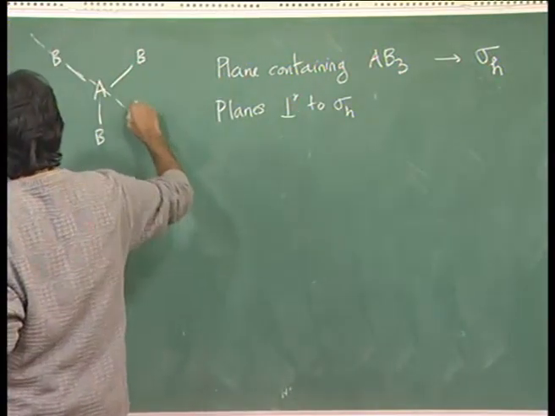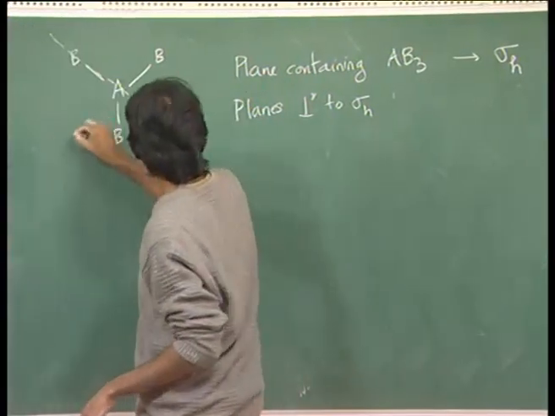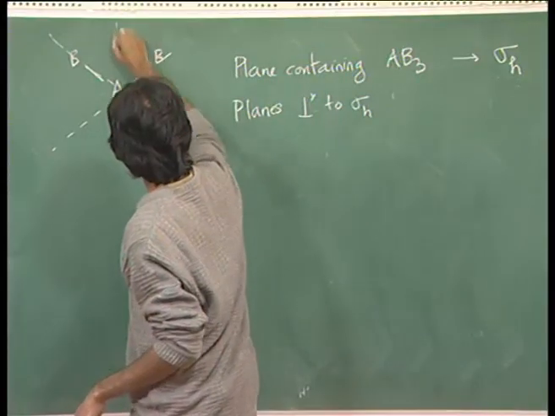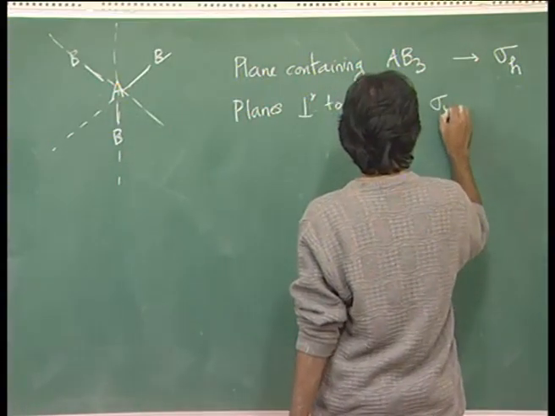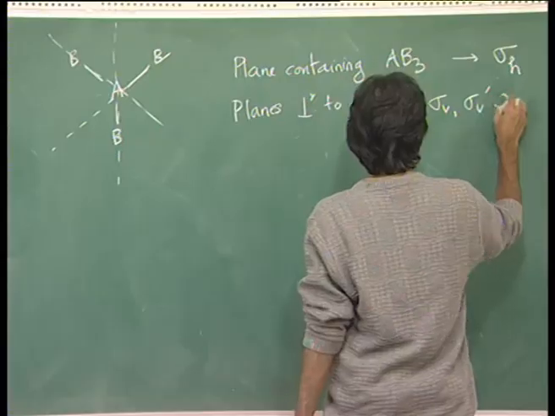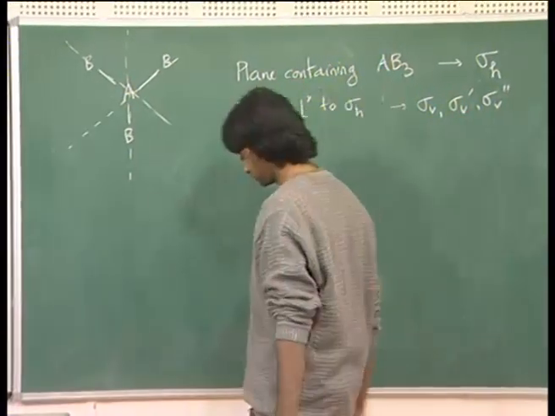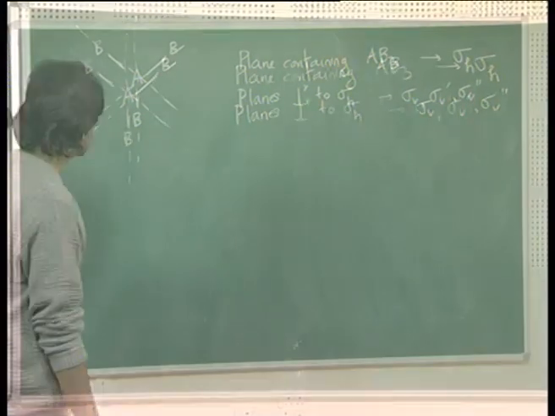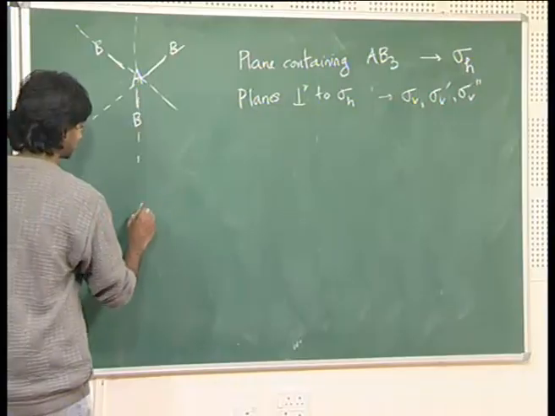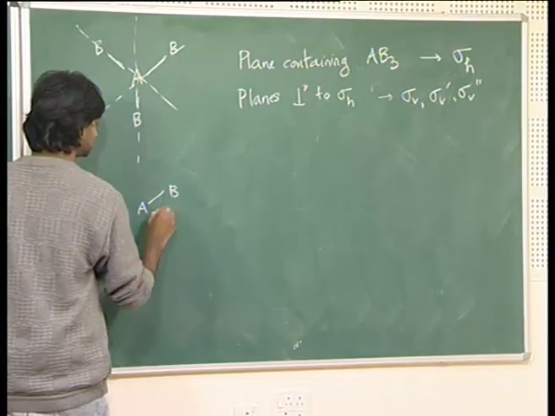One plane is this plane, the other plane is this plane, and the other plane is this plane. These are called sigma v, sigma v prime and sigma v double prime. So, this is an example. Now, suppose you had a molecule like AB4.